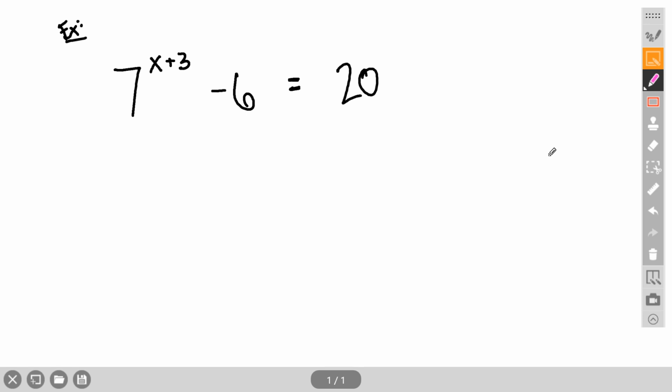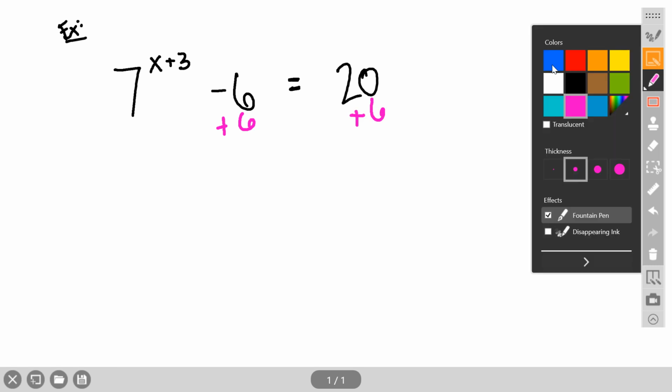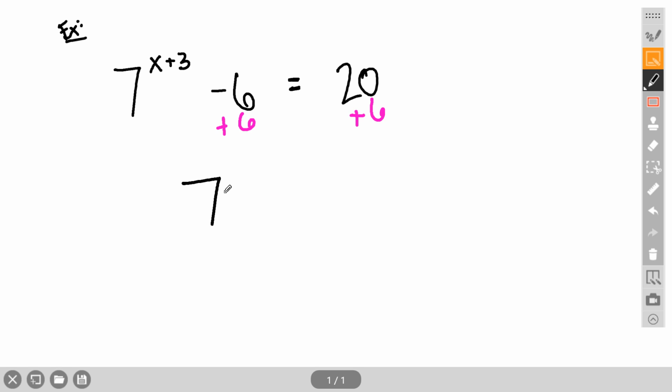Okay, yeah. So the 6, really what we're focused on is this 7 to the x plus 3. So this 6 does not need to be here. So let's move this over. Okay, so now we are at 7 to the power x plus 3 is equal to 26.